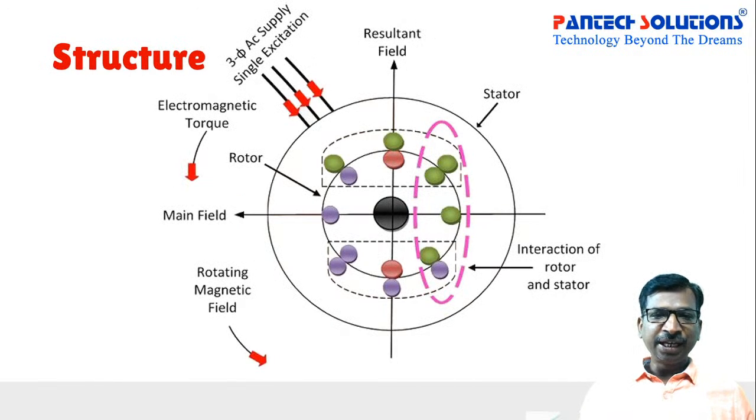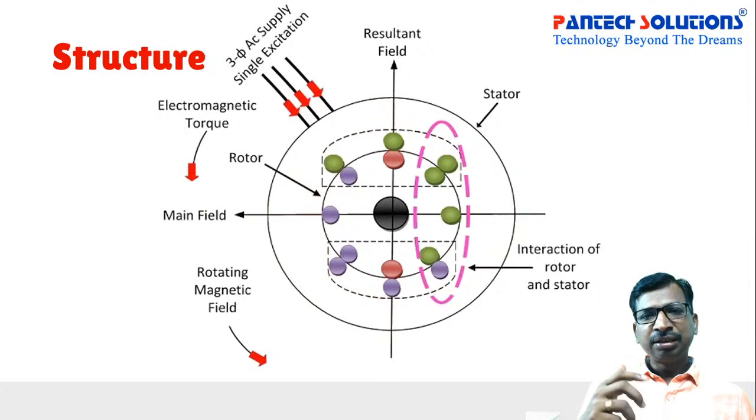If you take the electrical structure of the machine, it has a stator winding and similarly a rotor winding. We apply the voltage only in the stator winding. By applying this voltage, by the mutual induction law, the voltage and flux will be generated on the rotor side.